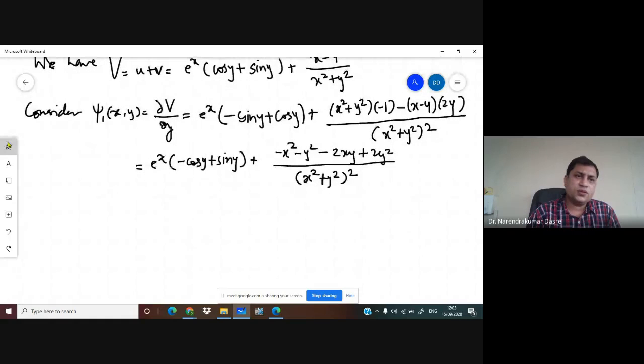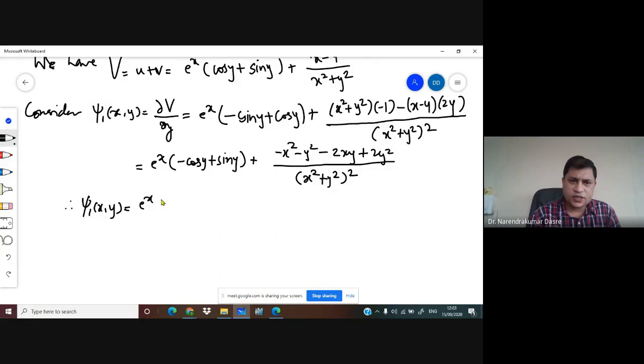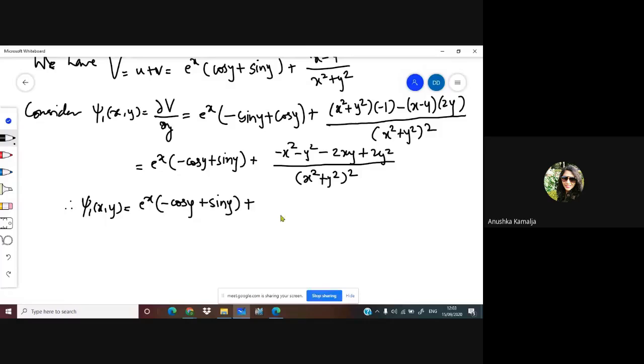Okay. So now simplify this. So we get psi 1 of xy is equal to e raised to x (minus cos y plus sin y) plus 2y plus 2y square. Yeah, it should be cos y minus sin y.